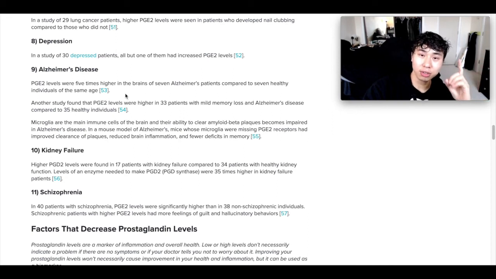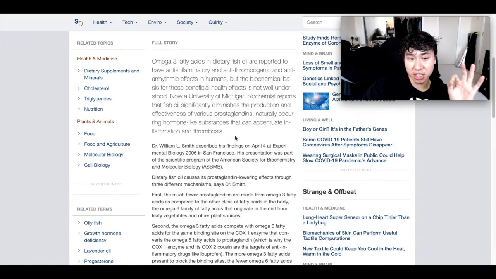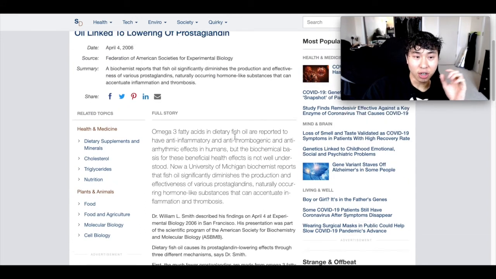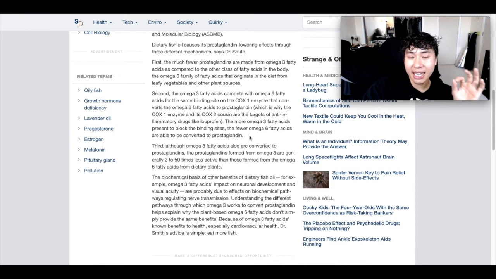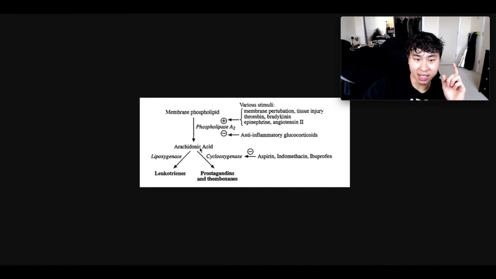So, how do you prevent that from happening in your body? Well, you have to include fish oil in your diet, specifically EPA and DHA. So, a University of Michigan biochemist named Dr. William Smith found that omega-3 fatty acids have anti-inflammatory effects and help lower prostaglandins by competing for the same binding site as bad omega-6 fatty acids on the cyclooxygenase 1 enzyme right here.